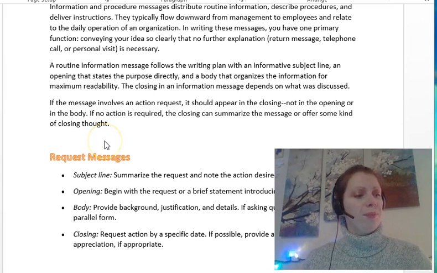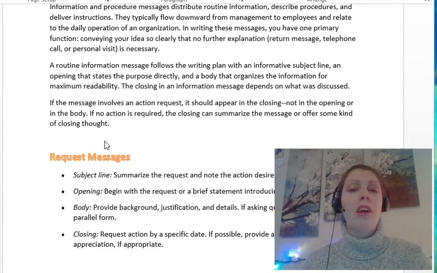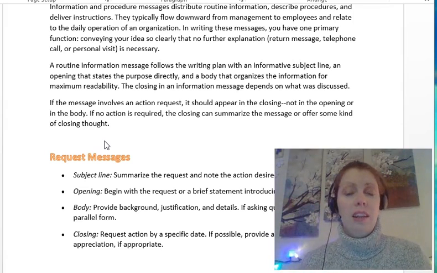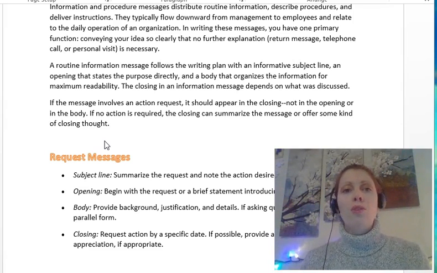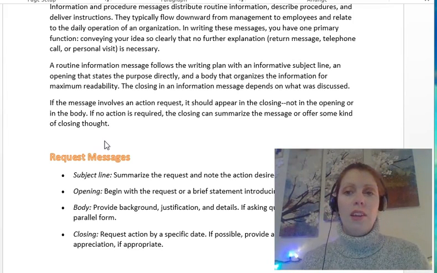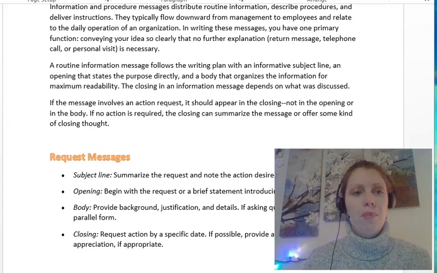If the message involves an action request, it should appear in the closing, not in the opening or in the body, like we talked about before. Use front loading to tell the reader why you're writing to them, and close with your action requests. If no action is required, then the closing can summarize the message or offer some kind of closing thought.